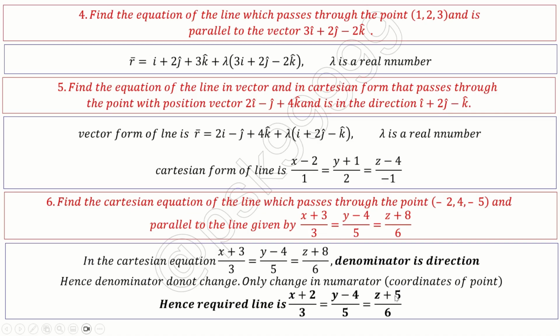Then I will get the required line equation. That's it. If you are writing board exams, you have to do it a little more elaborately. So you get the direction vector from these 3 points and then build a vector form or Cartesian form of the line equation using the position vector as well as the direction vector. But this is the straight way. Okay, next.